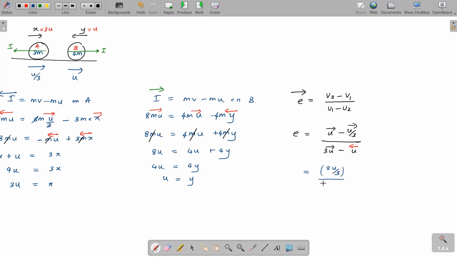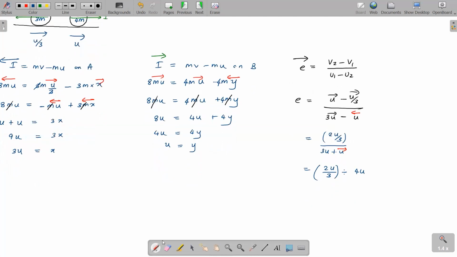Divide by 3U. This becomes plus U. Do you agree that when I change the direction, the minus should become a plus? So basically, I end up getting here 2U over 3 divided by 3U plus U is 4U. I wrote it like this. Are you okay with it? Same thing, right? 2U over 3 divided by 4U.